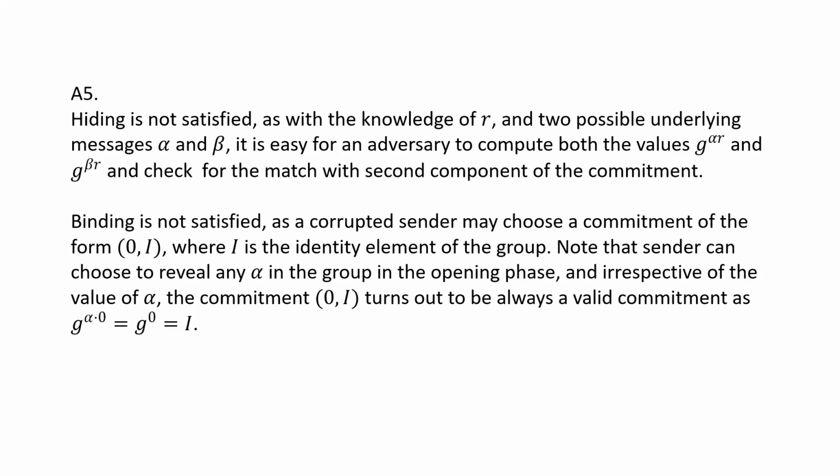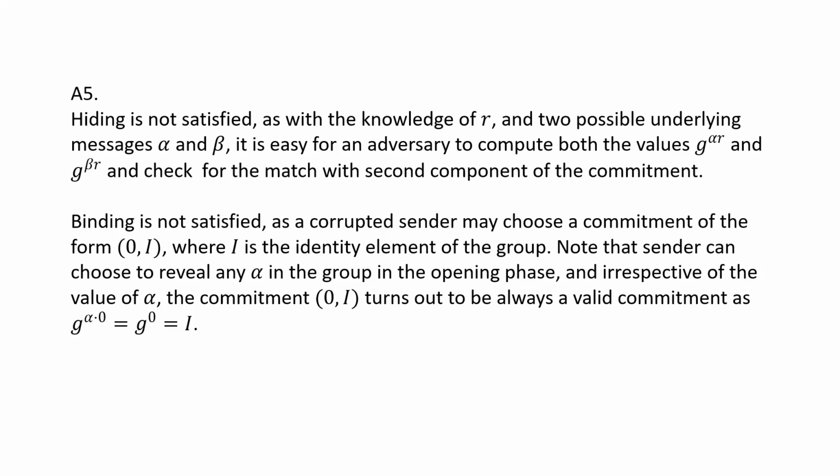And thus it can conclude whether it is seeing a commitment corresponding to message alpha or to message beta. So the hiding property is not satisfied. With probability 1, in fact, it can distinguish between the commitment of alpha and the commitment of beta.